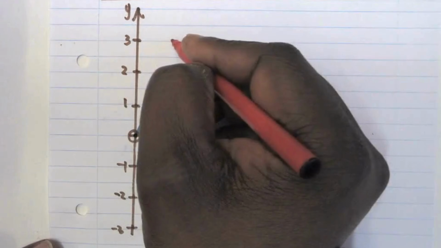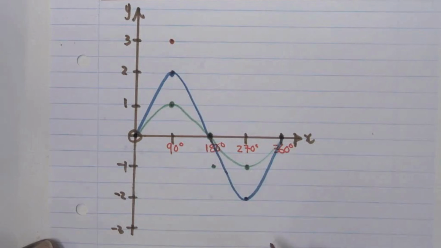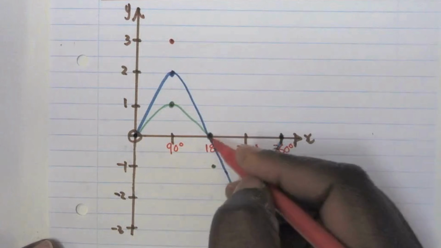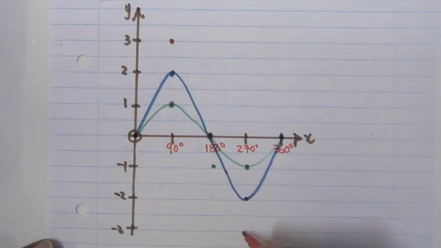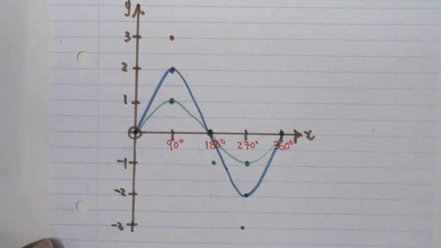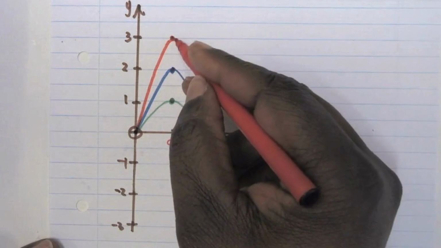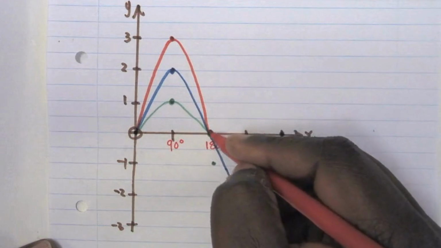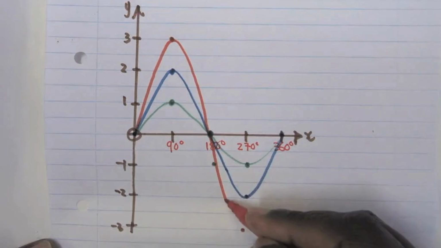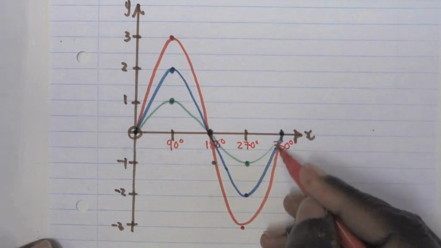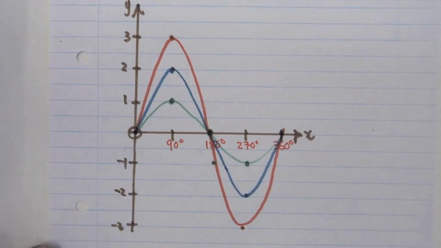This one is 0, then I have 3 at 90, I have 0 at 180, I have -3 at 270, then at 360, I have 0. Then I join my points, again using freehand. And I have my graphs.